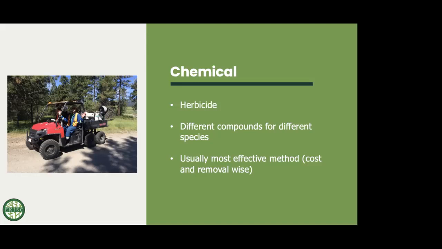We use different compounds for different species, which is something that I didn't know. So we'll have a type of herbicide that if we spray it over a whole field, it's targeting one specific plant and won't do anything to the rest of the plants. So it's definitely our most effective cost and removal wise defense.